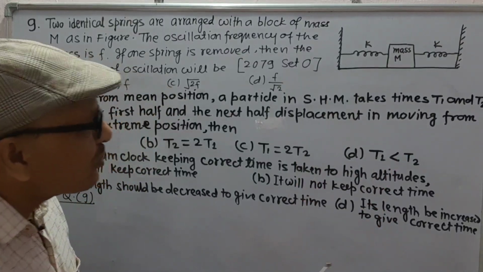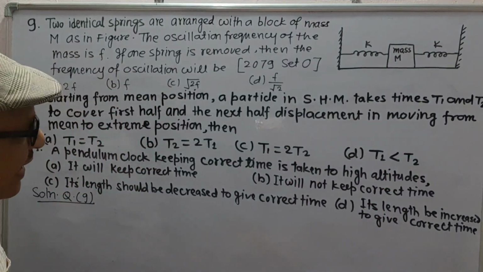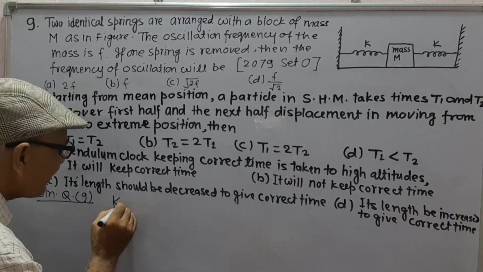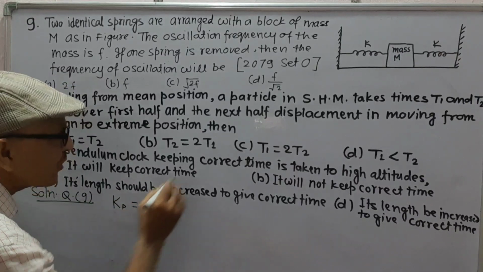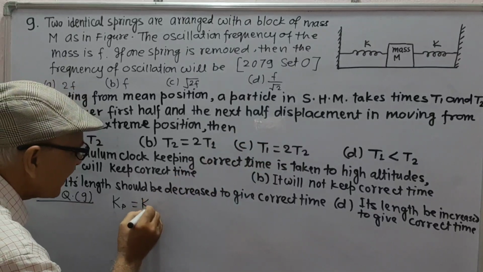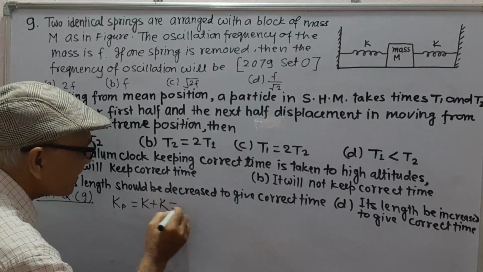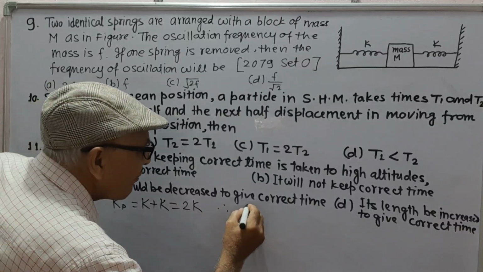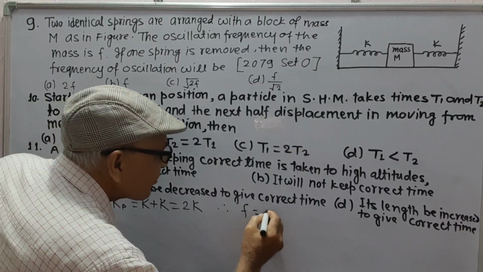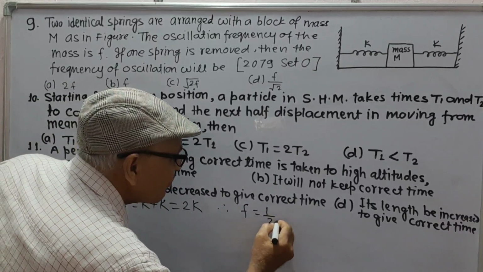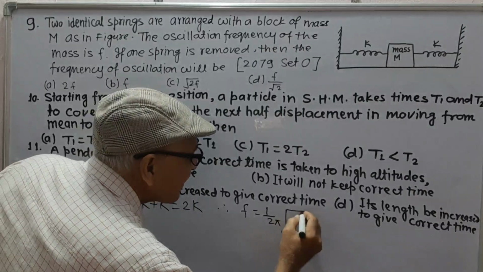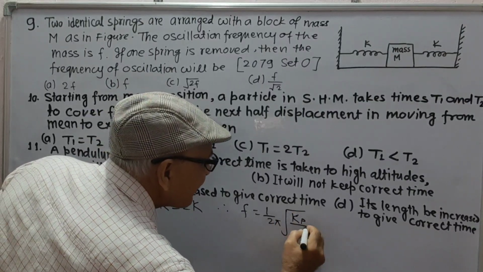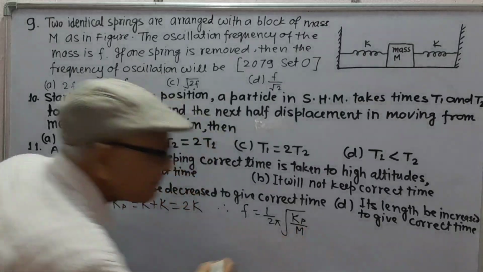Therefore, two springs are in parallel, and we know in parallel K resultant will be equal to K1 plus K2, means K plus K, which is 2K. Therefore, f will be equal to 1 upon 2 pi under root 2K upon m.